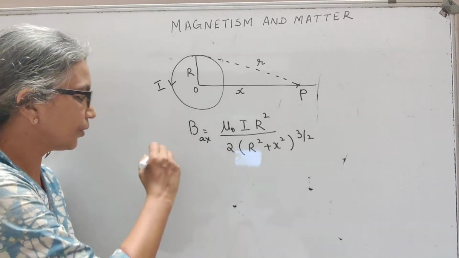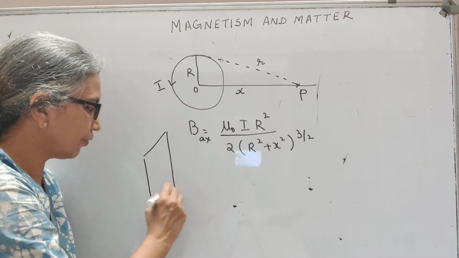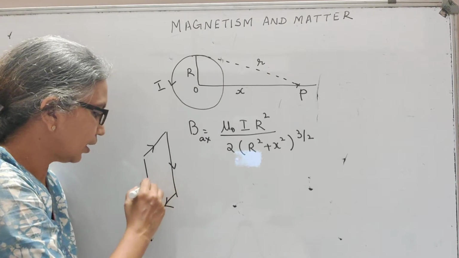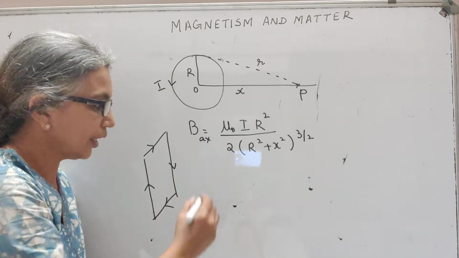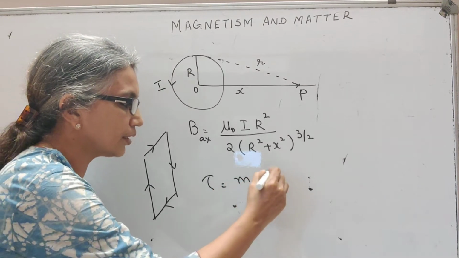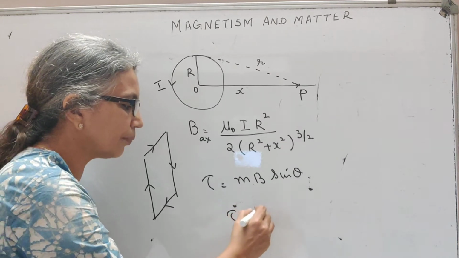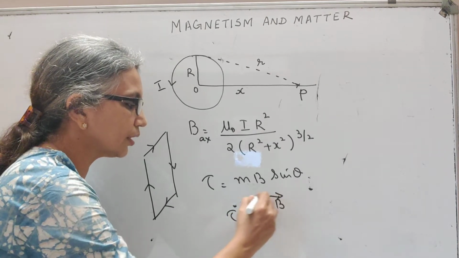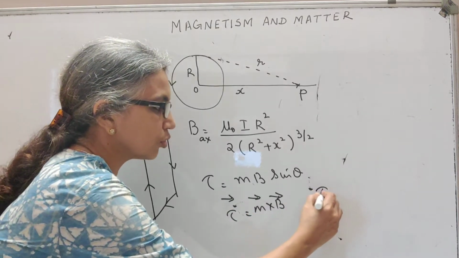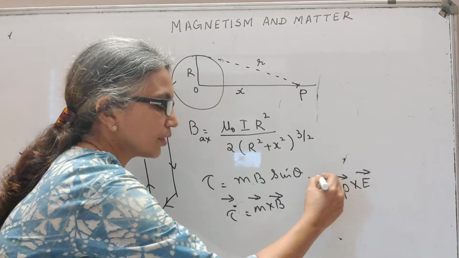Not only that, in the previous chapter, remember we did a derivation where we have a rectangular coil which is carrying current in the clockwise direction, and we found out the torque acting on it as m b sine theta, which is tau equal to m cross b, and we said this is very similar or analogous to our equation tau equal to p cross E, which we did in electrostatics.